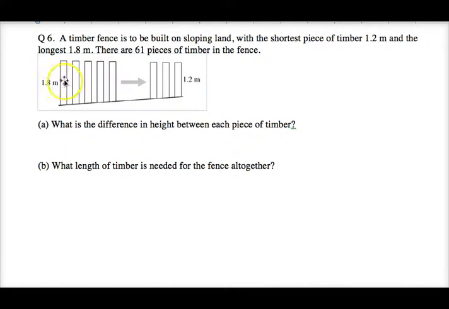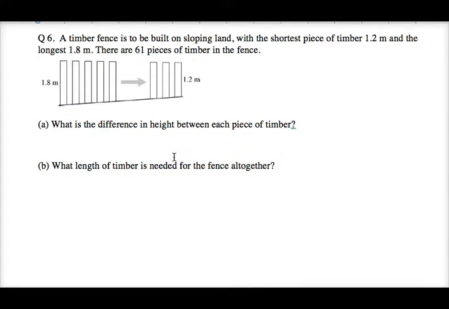So you know your shortest is 1.2 and the tallest is 1.8, so you'll subtract those, but then you've got to see what you need to divide by. Now if there are 61 pieces of timber, there's only 60 spaces between them, because if you look at 2 pieces, there's 1 space. If you look at 3 pieces, there are 2 spaces. If you count 5 pieces, how many gaps are there? 1, 2, 3, 4 spaces.